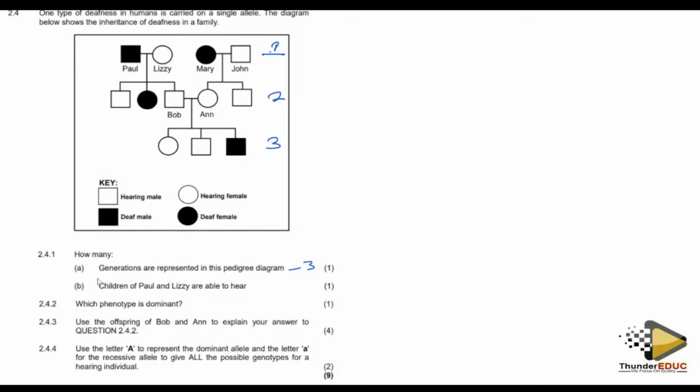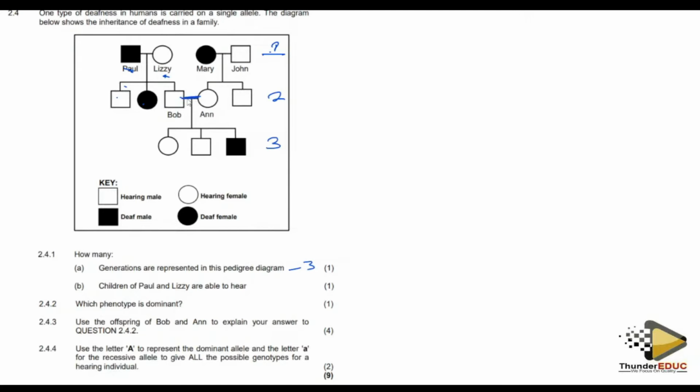Children of Paul. How many children of Paul and Liz? This is Paul, and this is Liz. So the answer is going to be 1, 2, 3. This is not a child of Paul and Liz, because this person just married in.